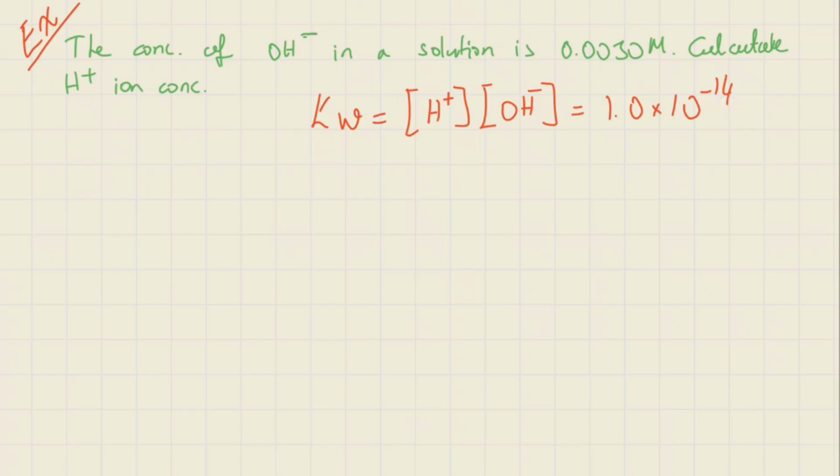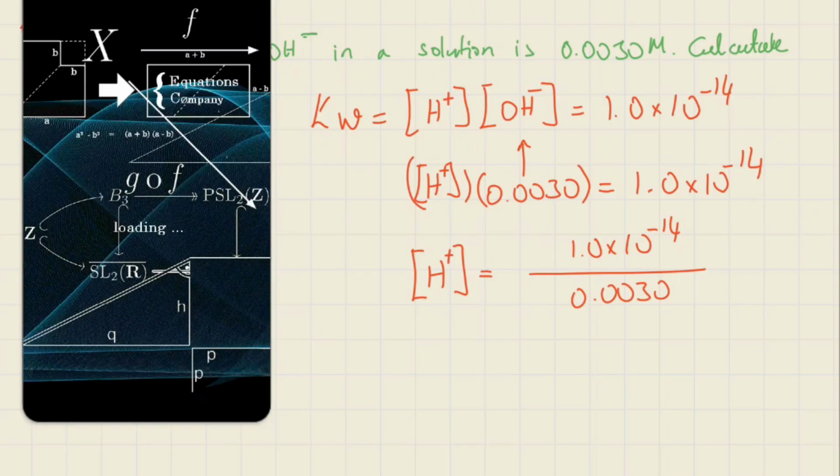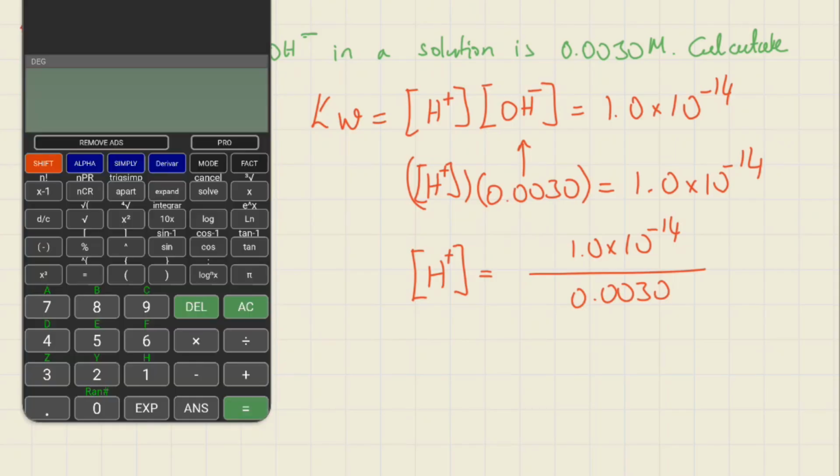And we know the OH concentration in this case. I will just write the numbers, and this value is equal to 1.0 times 10 to minus 14, and the hydrogen ion concentration will be equal to 1.0 times 10 to minus 14 over 0.0030, and we can make the calculation, I guess.